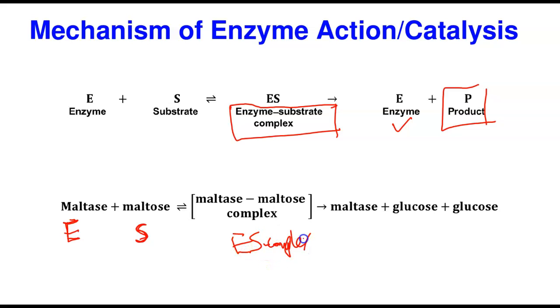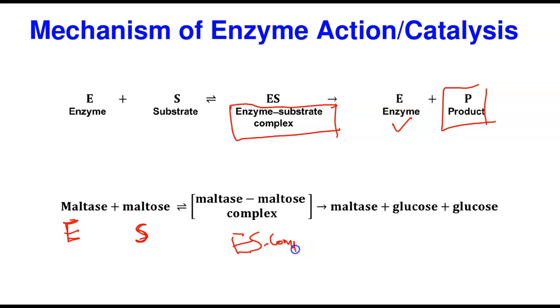Now, the ES complex undergoes transformations to become the intermediate, including formation of the transition state. And finally, it results in the formation of the product and the release of the enzyme. I don't like what I wrote there, let me just make it clearer.